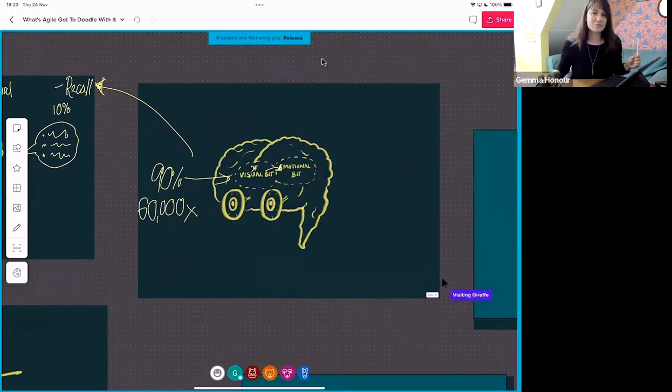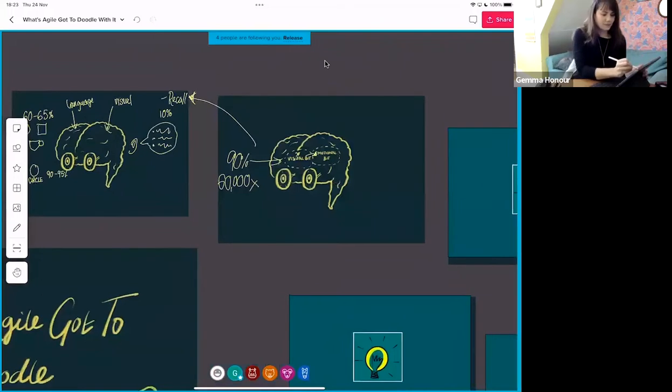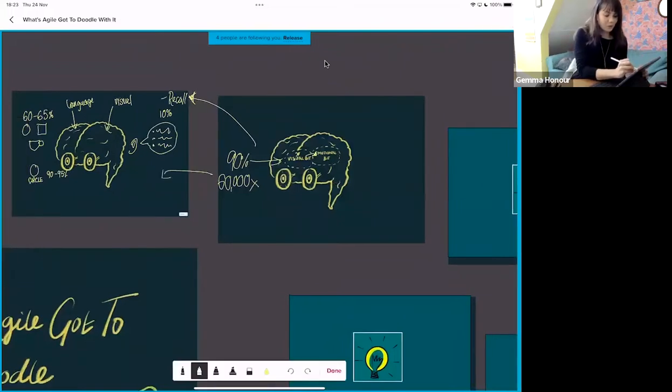This isn't a neurodiversity talk, but it is especially important for people with neurodiversity, because it helps us focus on what is being said, as you've got more senses involved. So we've got recall, we've got processing, and then we've also got focus. Okay.